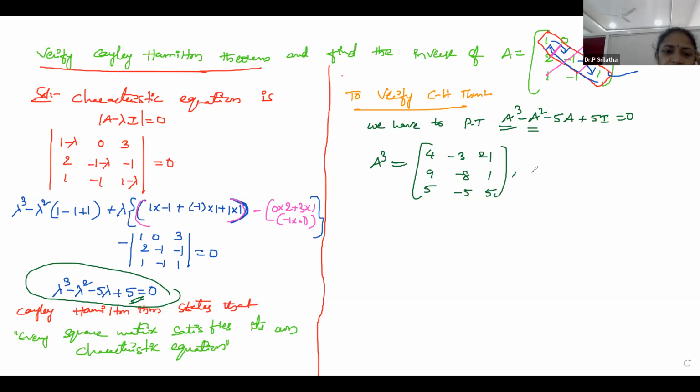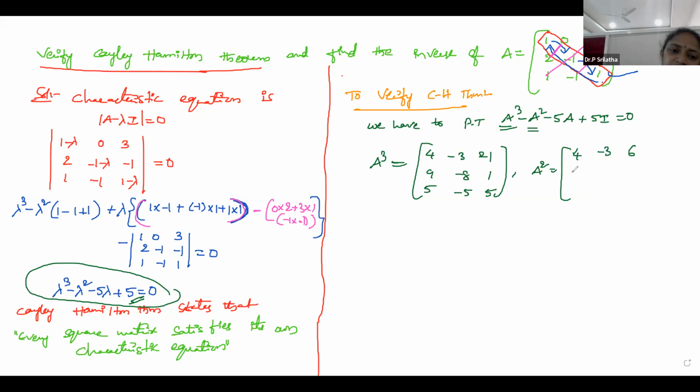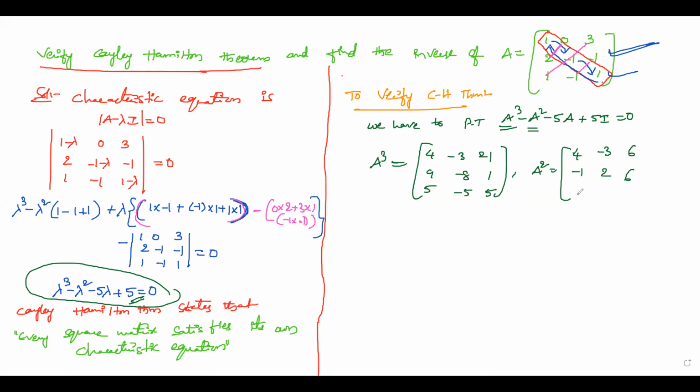Okay, very good. Roll number 73. Tell me, what is A square? 4, -3, 6; -1, 2, 6; 0, 0, 5.